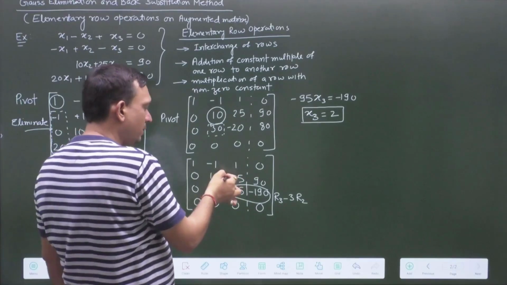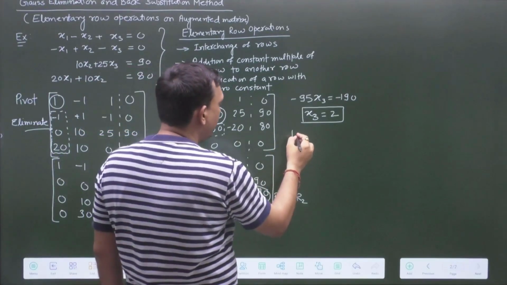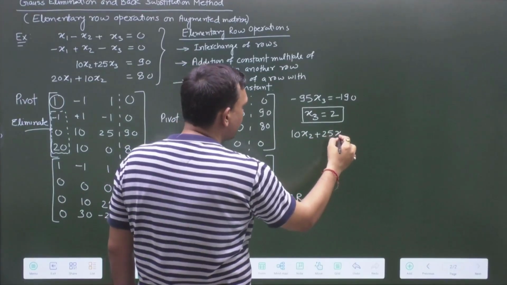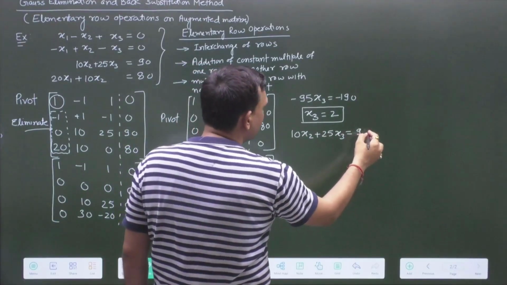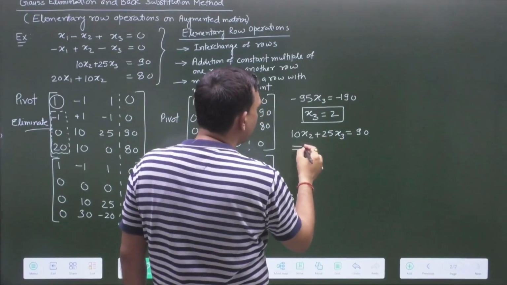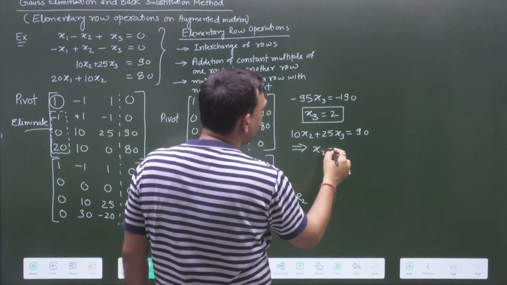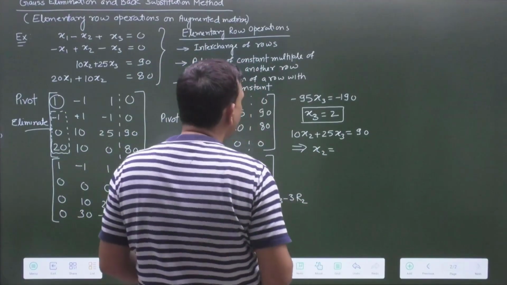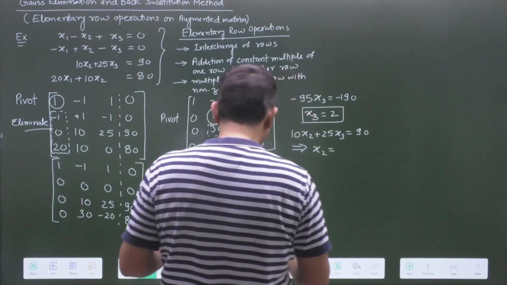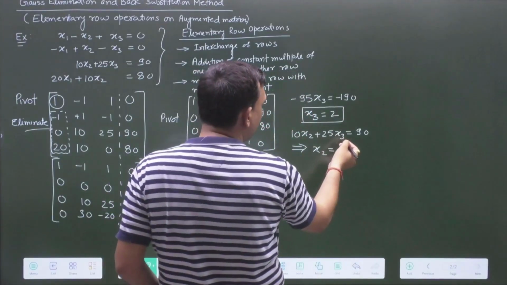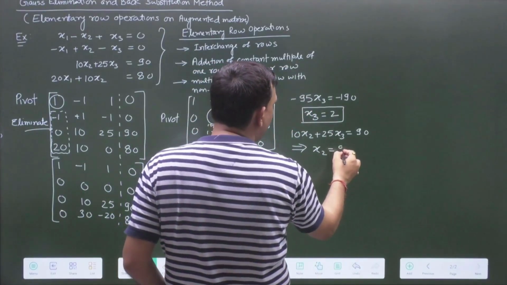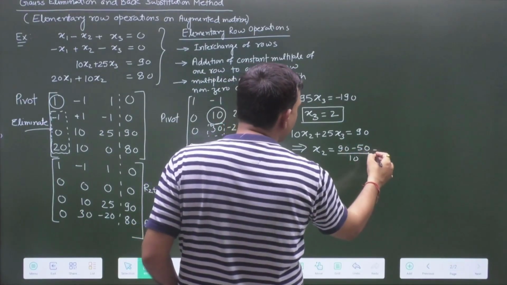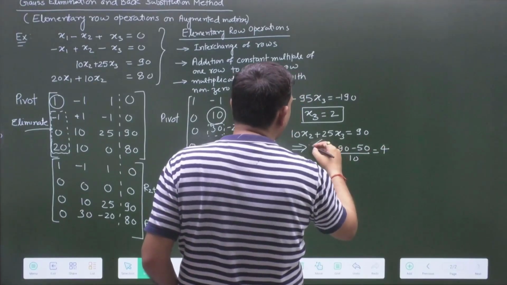Now we will see this equation: 10x2 plus 25x3 is equal to 90. So what will be x2 here? Just solve. If you put x3 here, this is 90 minus 50 by 10. So x2 is 4.